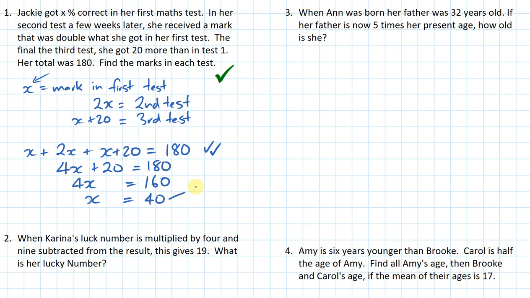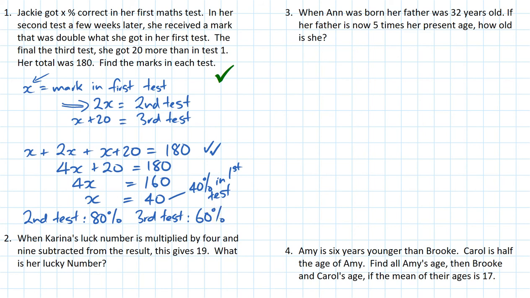So that was her grade for the first test, so 40% in the first test. Therefore, in the second test, she got double what she got in the first test, so 2 times 40% will give me 80%. And then in the third test, she got the first test mark plus 20. So 40 plus 20 is 60%.